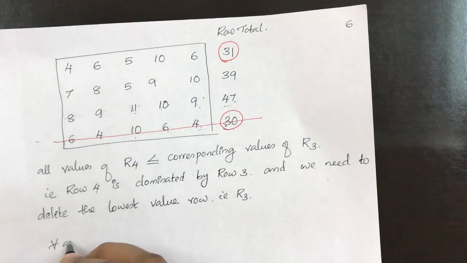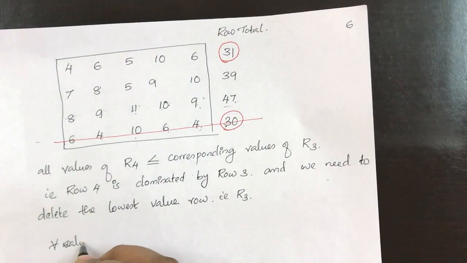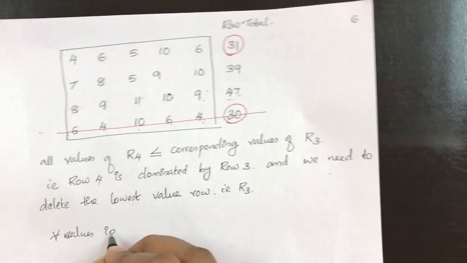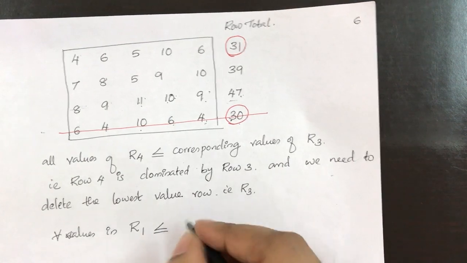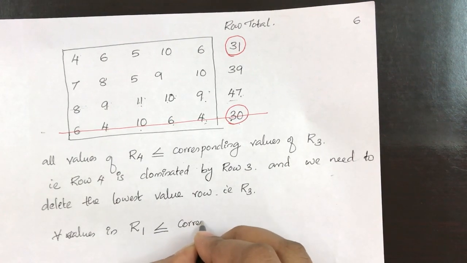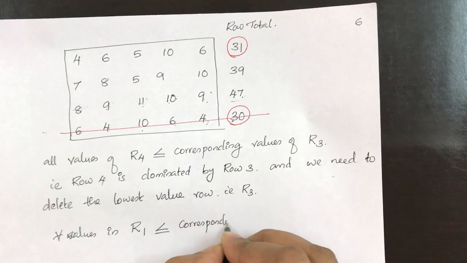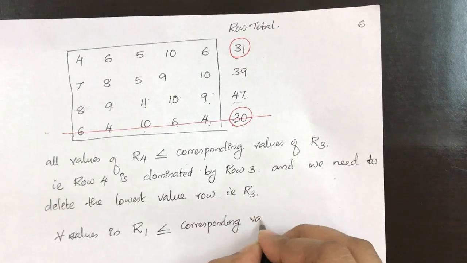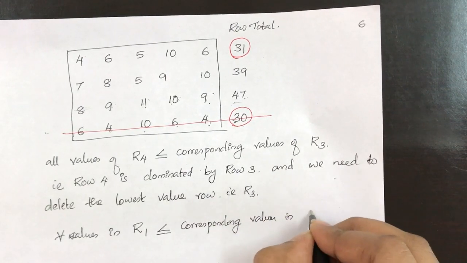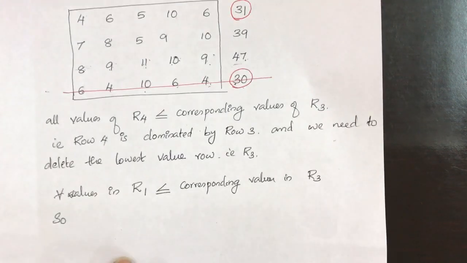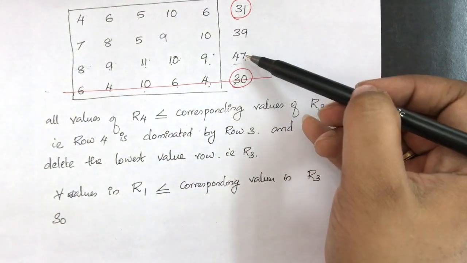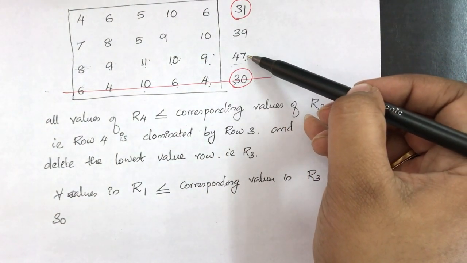All values in R1 are less than or equal to corresponding values in R3. So, which row dominates over the other? R3 dominates over R1.